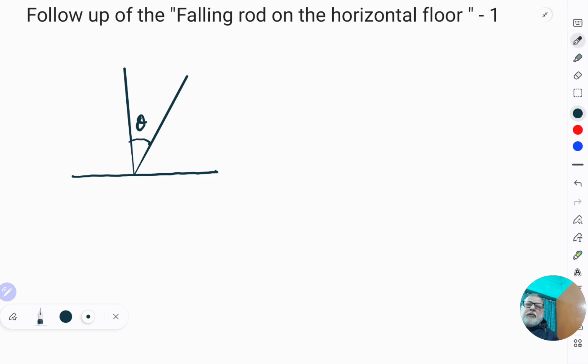The problem that we are working from is the inertial frame of reference, or we call it the ground frame or lab frame.